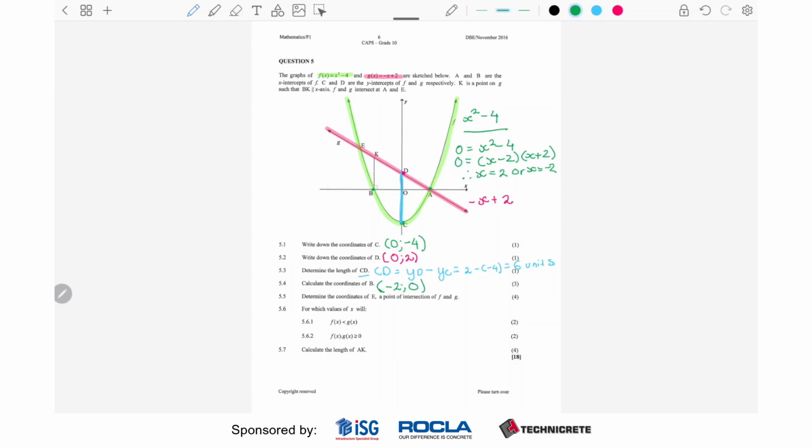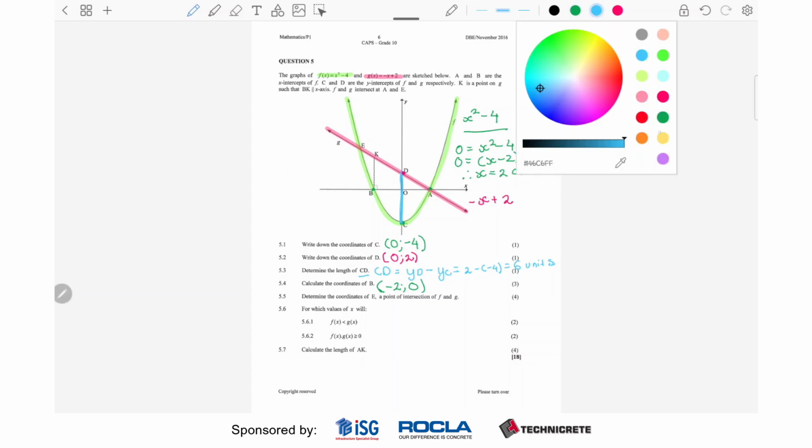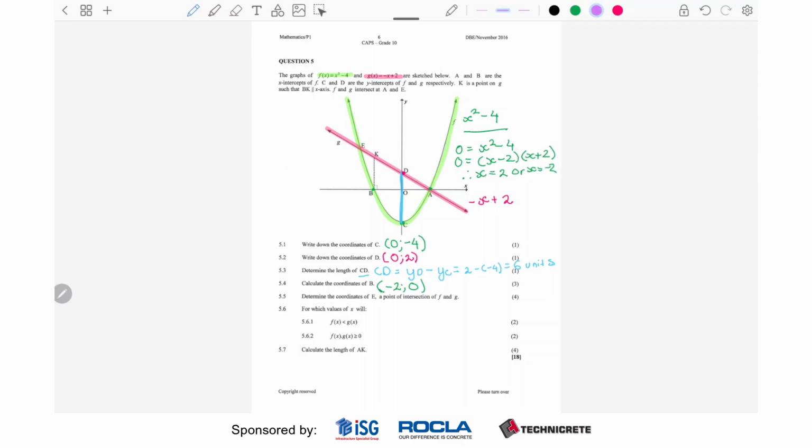Now they want us to determine the coordinates of E. E is the point at which f of x and g of x intersect. So that means the equations will be equal. So x squared minus 4 is equal to negative x plus 2.